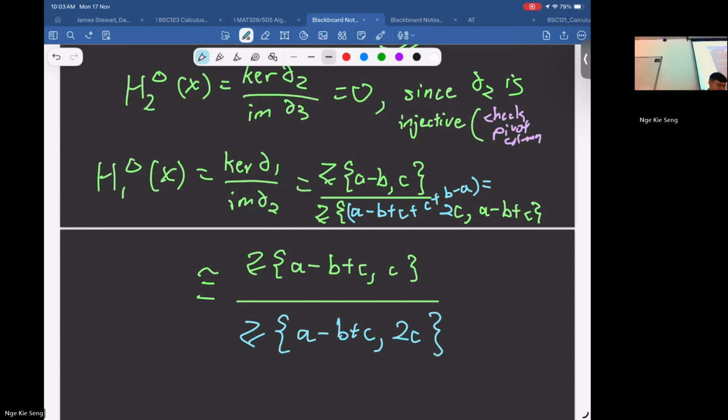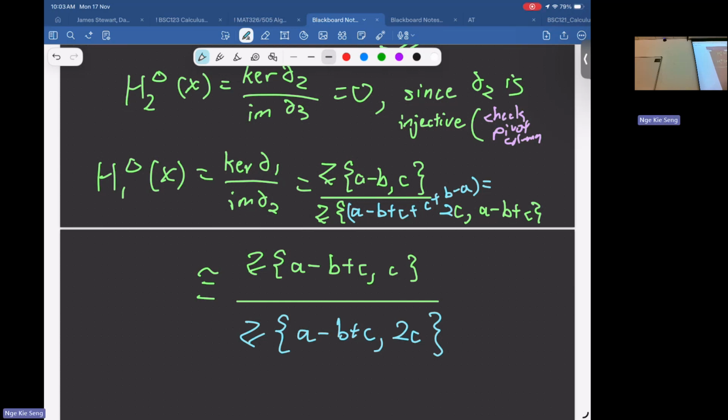So what does this mean? On the top you have a linear combination of A minus B plus C and C, and the bottom is a linear combination of A minus B plus C and 2C. This quotient will tell you that this linear combination at the bottom will always be 0.